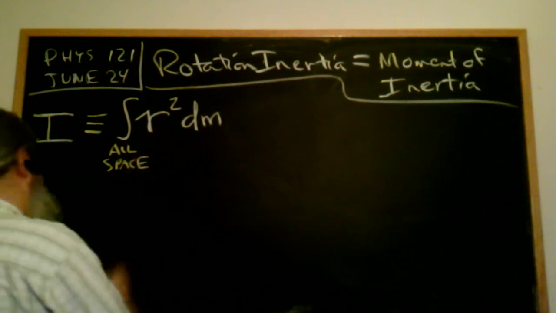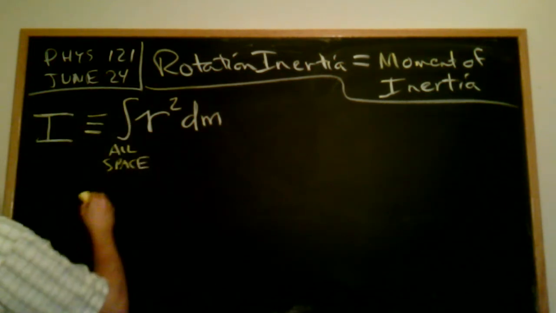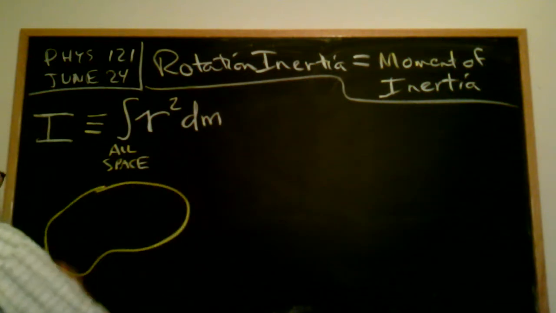So again, I'm going to draw a generic object, say, a potato. There's my potato.